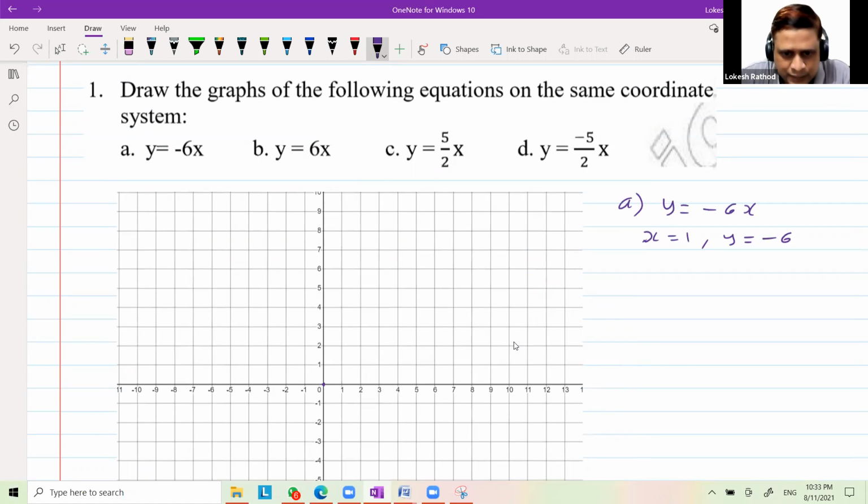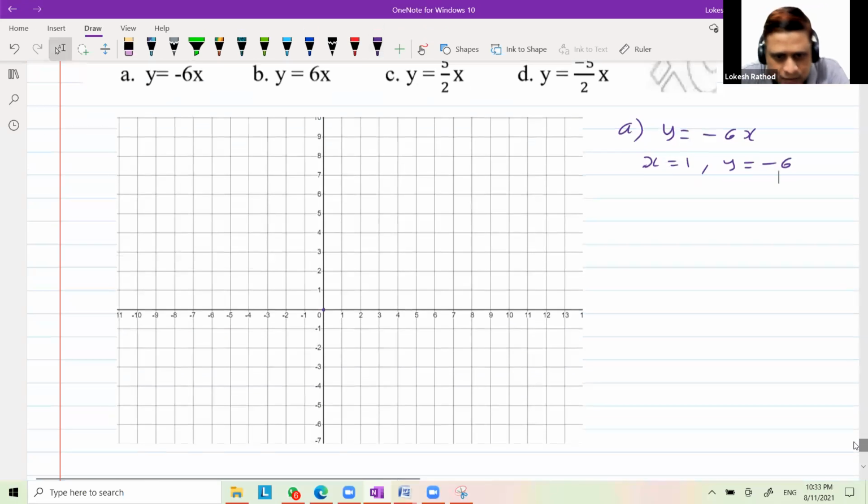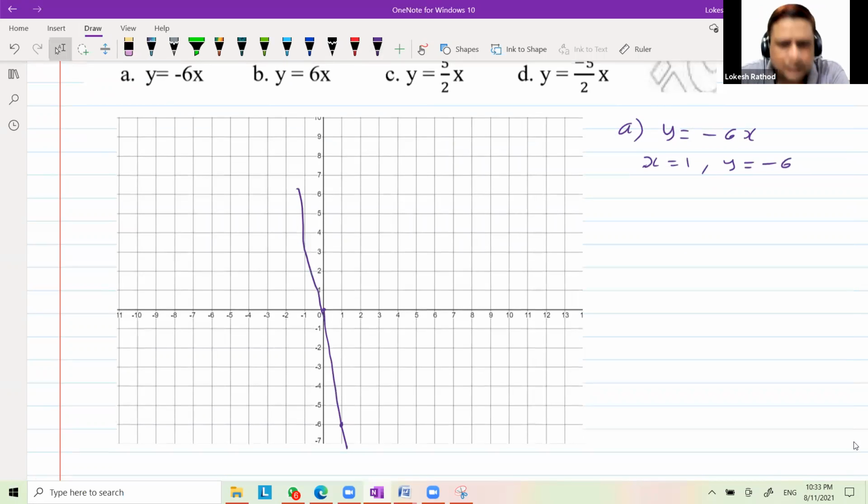So x is 1 and y is minus 6, so that will be this point. This line is basically a line joining these 2 points. As you can see, it's a decreasing line, y equal to minus 6x. Correct?